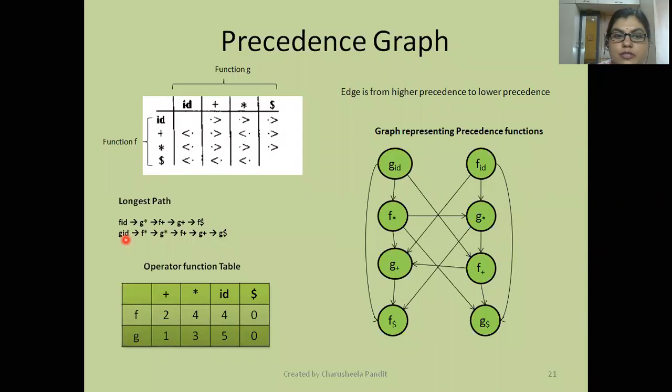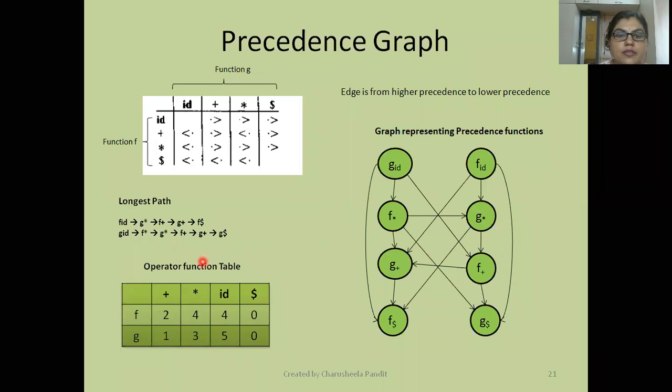So the path is from g of id, then f of star, then from f of star it is g of star, then it is going to f of plus, and then it is going to g of plus, and then g of dollar.